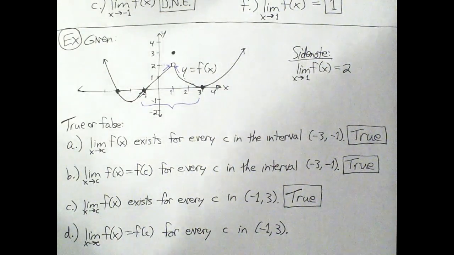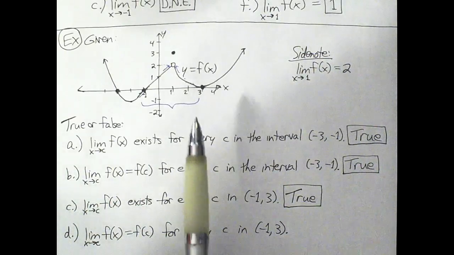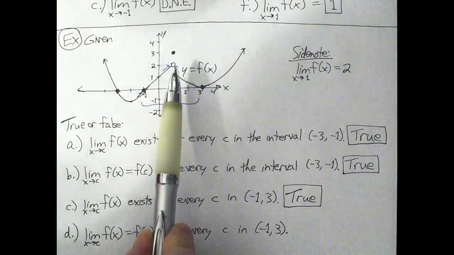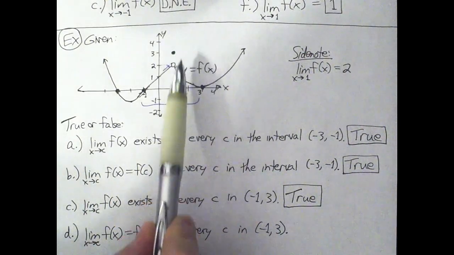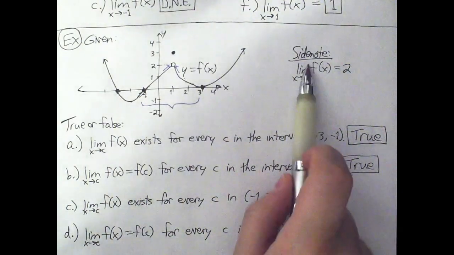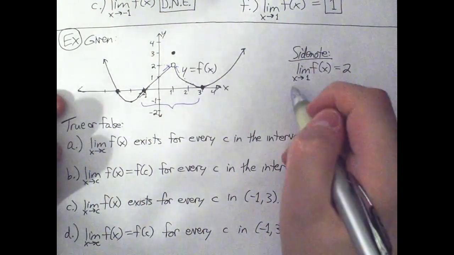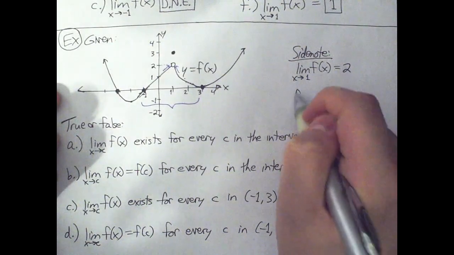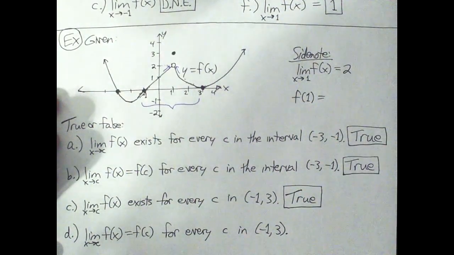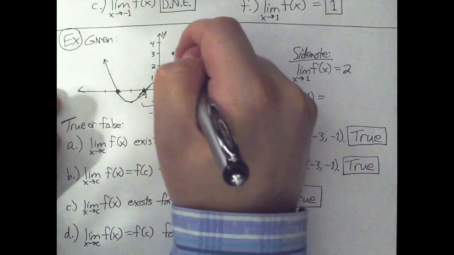Now, does the limit as x approaches c always equal f of c for every c in this interval? So I've already kind of said that that looked like the only weird point where we need to look at it closely, investigate closely. That's what the limit is. What is f of 1? Like, what if I just plug in 1? There's a point floating up here.